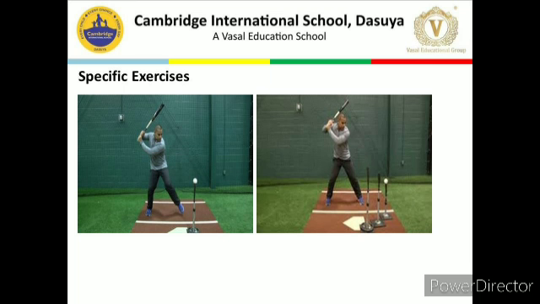This slide is specific exercises. These are exercises which are directly linked to specific muscle groups involved in the techniques of specific sports. So in all games, specific exercise combines the game skill with exercise.